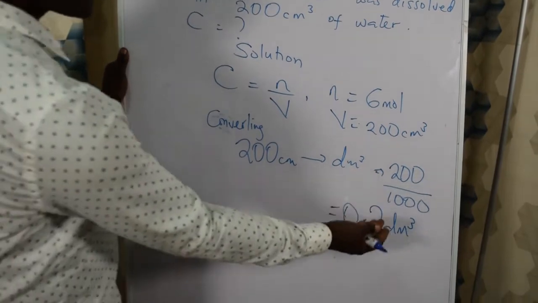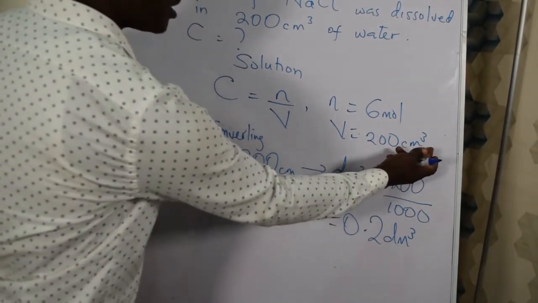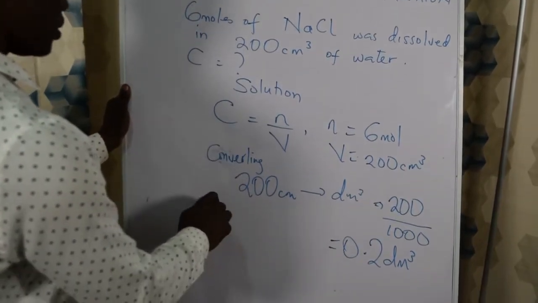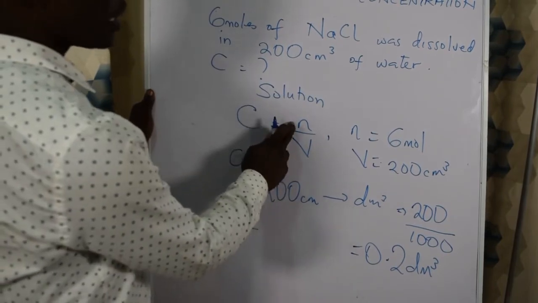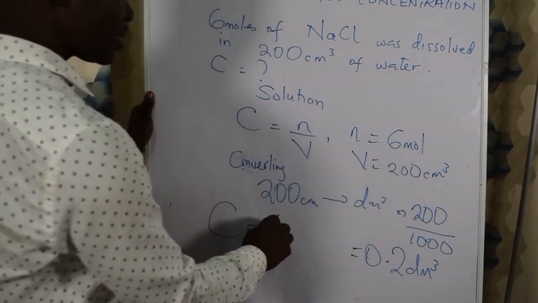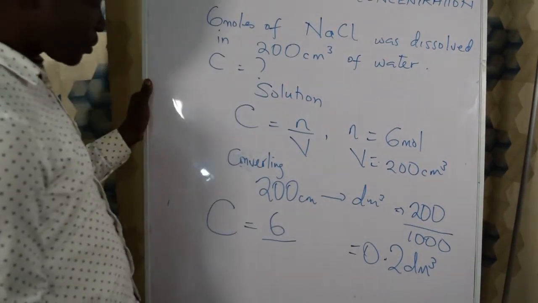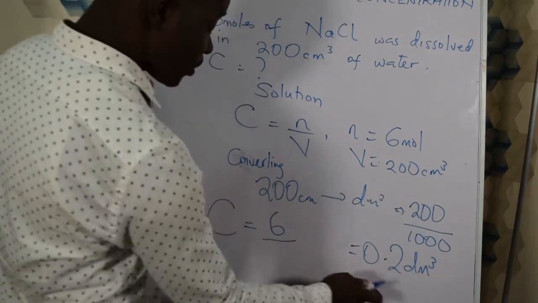Once we've gotten the volume in dm cube, be mindful the volume must be in dm cube, not cm cube. Then we can say that concentration is equal to, instead of n, number of moles, we put our 6 there, pick your calculators, and the volume 0.2 dm cube.